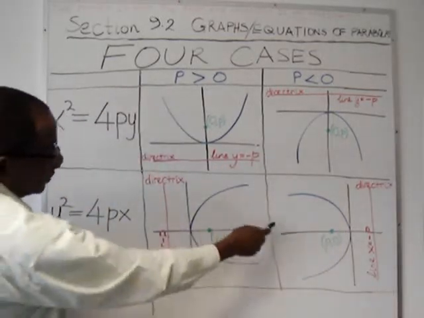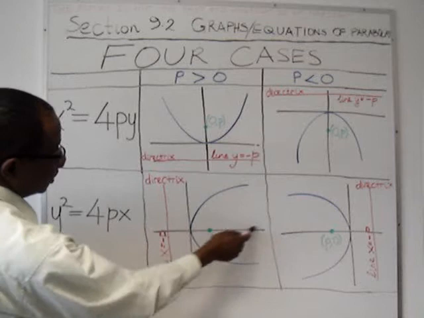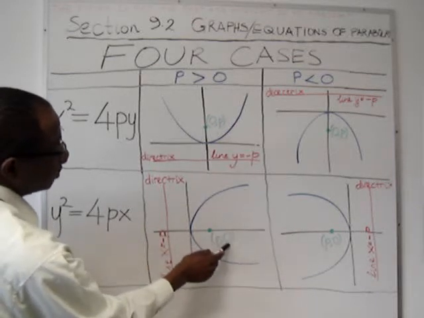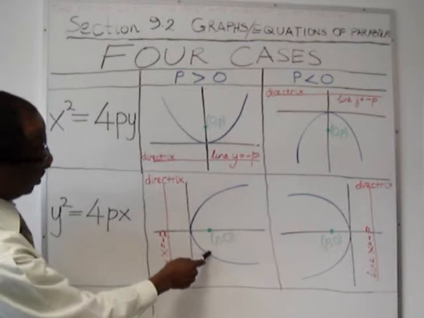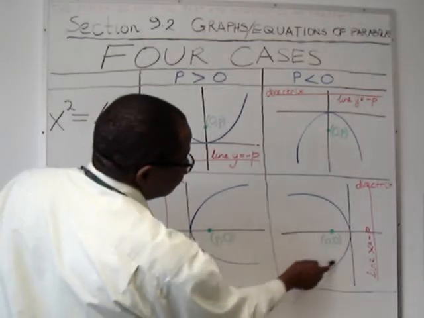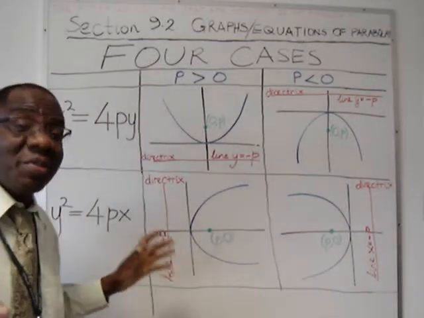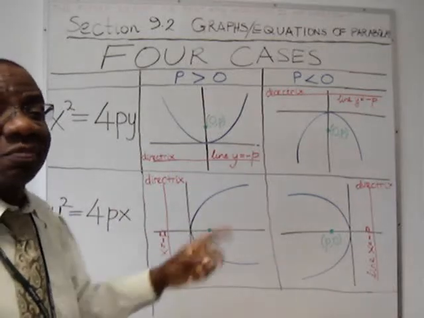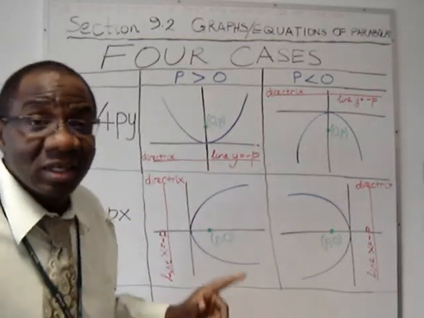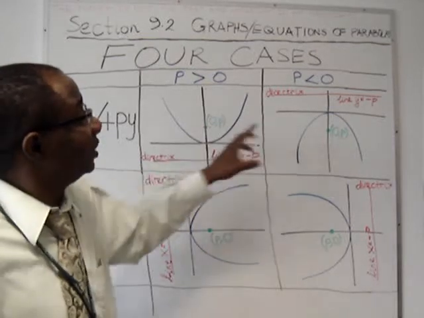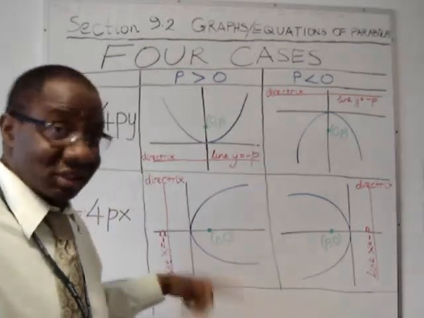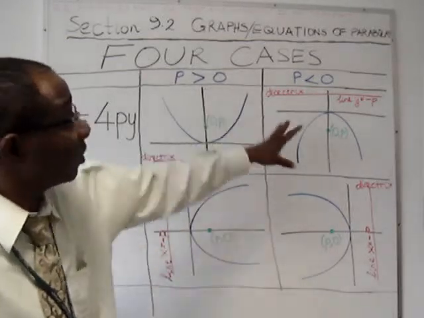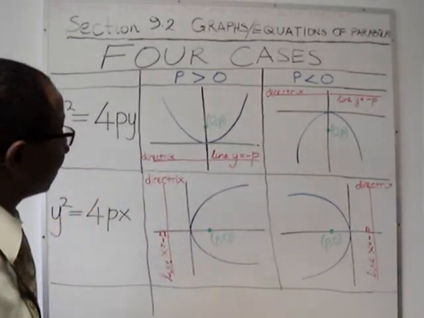Now in this case, the y has to be 0 because the axis is the x-axis, so the x must be p. So just remember that in all 4 cases, the focus consists of 0 and p. Once you figure out which one will be the 0, then you can figure out which one will be the p. So you don't even have to memorize this. You can sort this out.